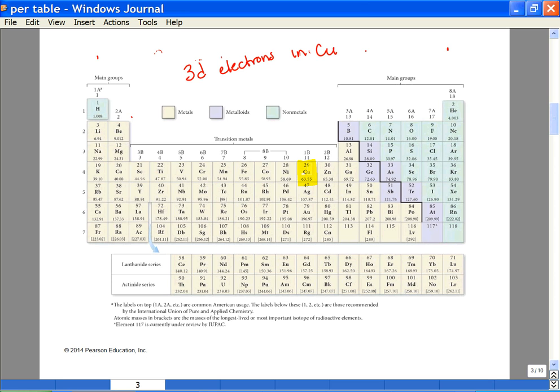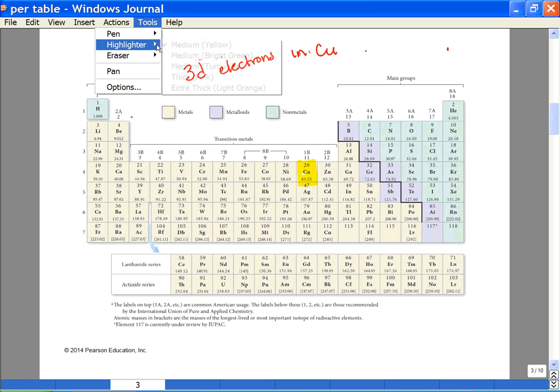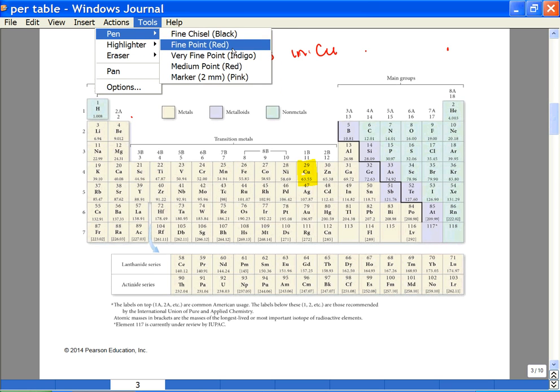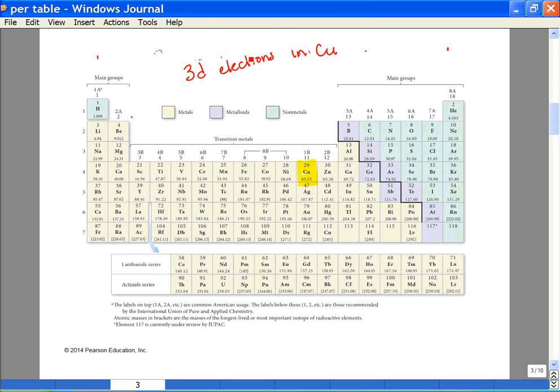We see that it is in row 4, so the D electrons that we are referring to are 3D electrons.